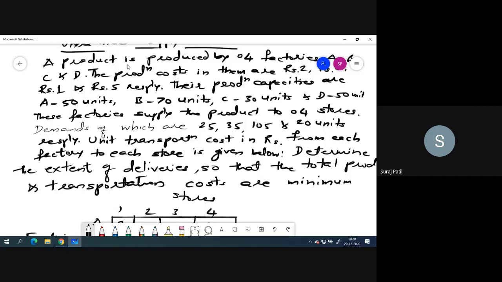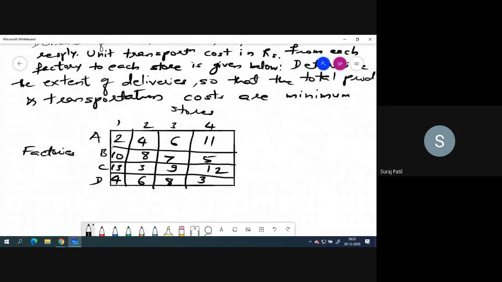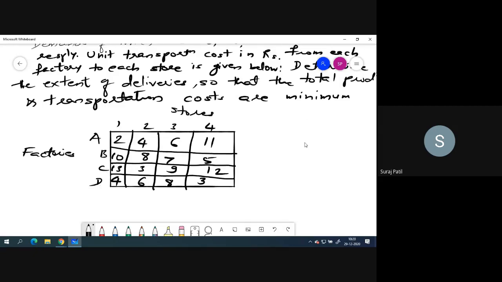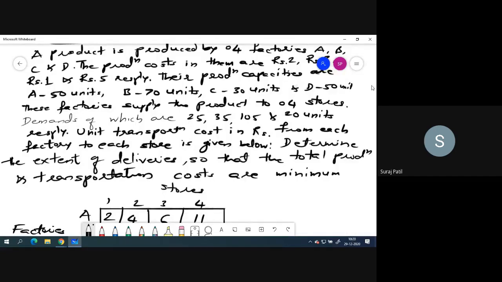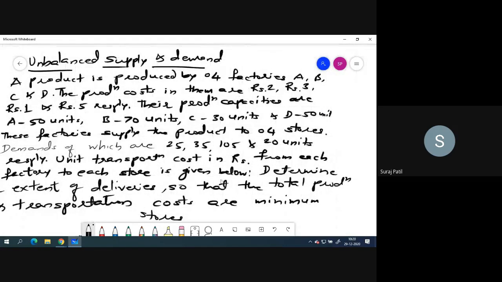Factory A production cost is rupees 2, so to all values across the A row we add 2, so that this becomes the production plus transportation cost table. Similarly for factories B, C, D we add 3, 1, and 5 respectively.